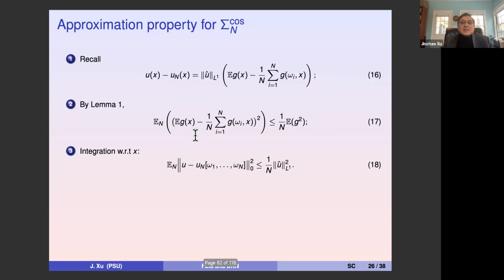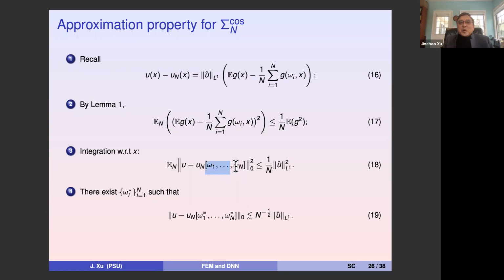Now I'm going to take the integral with respect to x on both sides, okay? Then I get this u_n, which depends on x, omega 1 through omega n. When you do the integration with respect to the E of n, you integrate with this probability measure. So you can say that if this whole integral is less than or equal to this guy, there must be at least one point that is less than that bound.